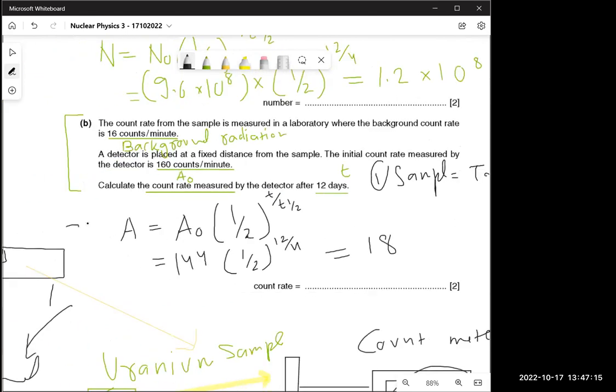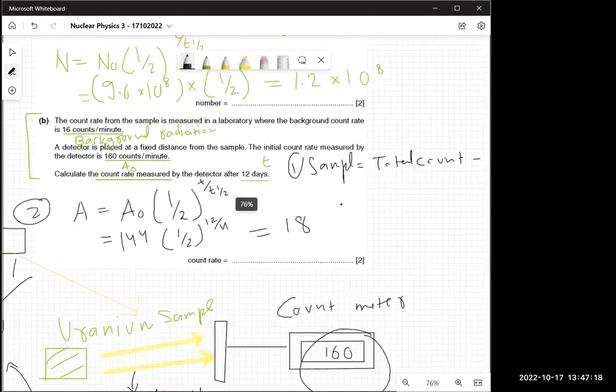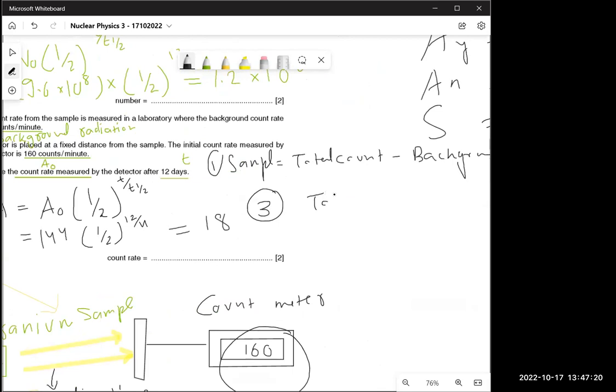The second step was to find the activity. Then the third step is again to find the total count. Sample plus BR, we'll have to add that again.